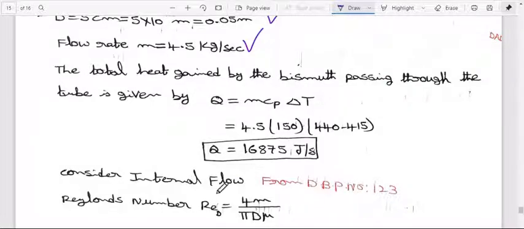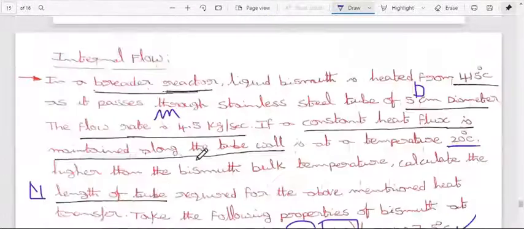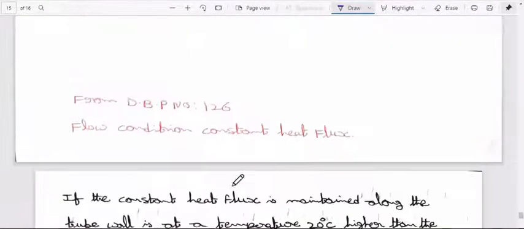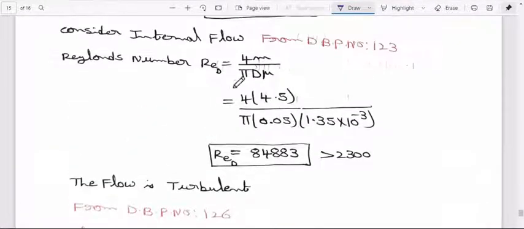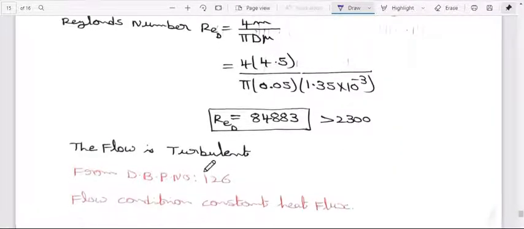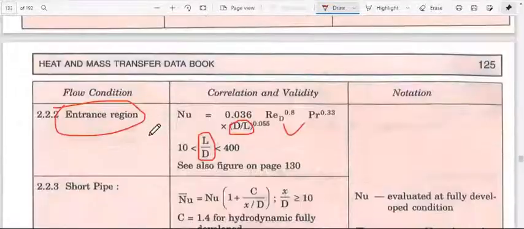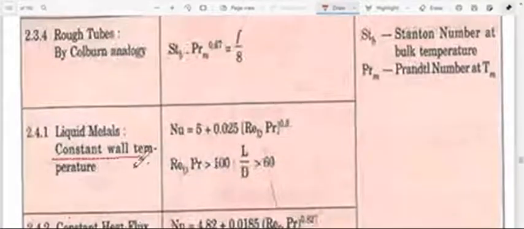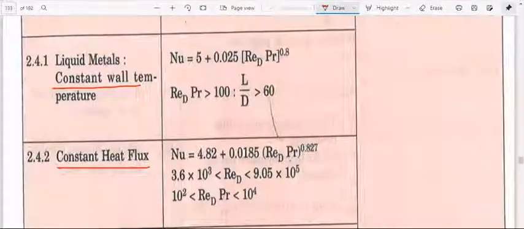So here consider the internal flow. This is the internal flow. We need to calculate the Reynolds number value, 4m by pi d mu. The m value is given, and the d value and mu value are known. This is turbulent flow. So from the data book page number 126, constant wall temperature and constant heat flux.